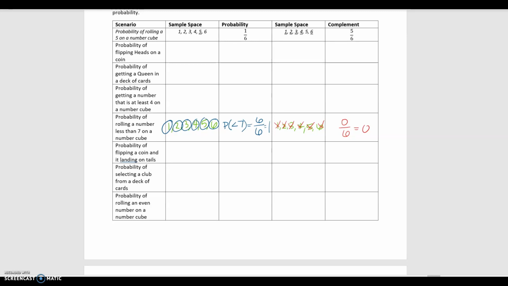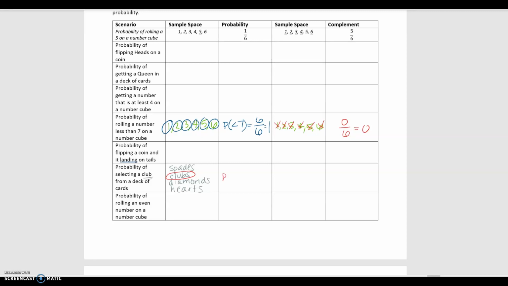Another one that I think students kind of struggled with was this one here, probability of selecting a club. So if you look at a deck of cards, there's 4 different suits. So there's spades, clubs, diamonds, and hearts. All right, so if there's 4 different suits, we're looking for a club.